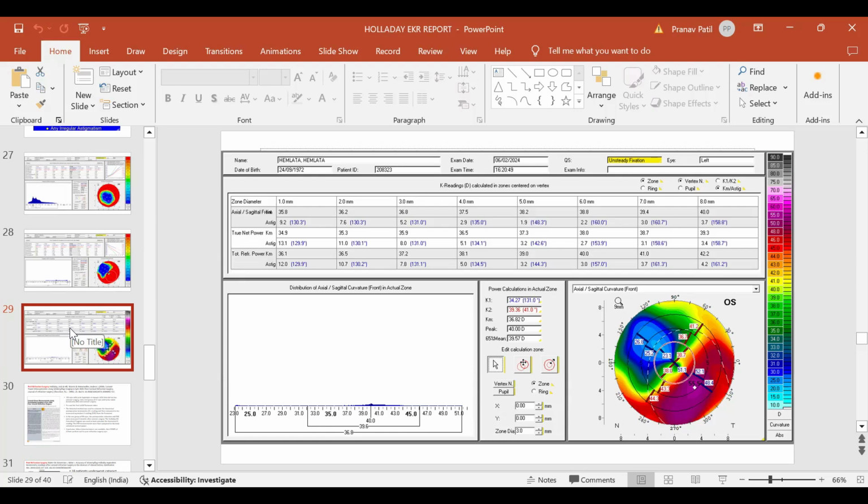Sir, I had one doubt. For today's class, when I was going through a lot of examples, I wanted to include an example of a post-RK patient in which we have done toric IOL and how the EKR 65 values corresponded with the pre-op and the post-op refraction.